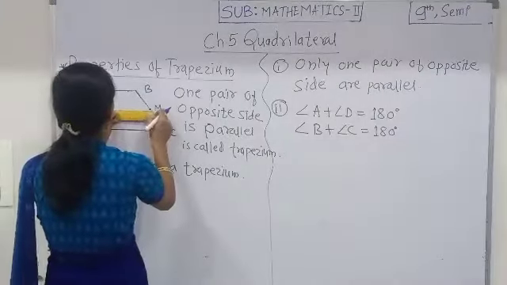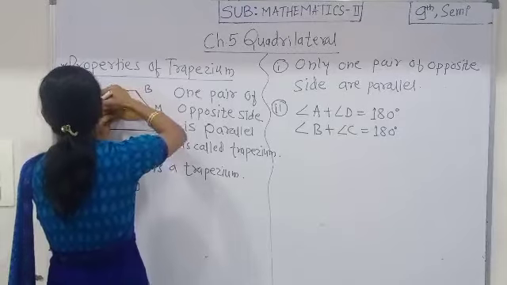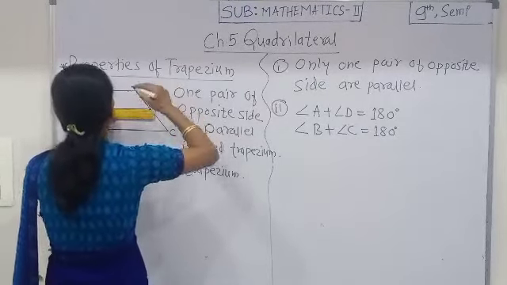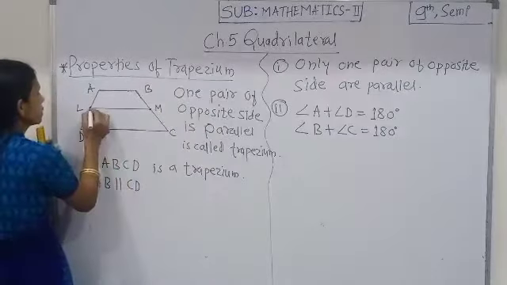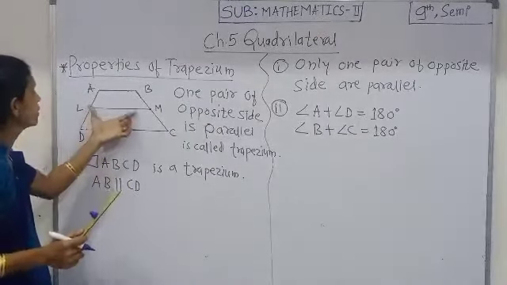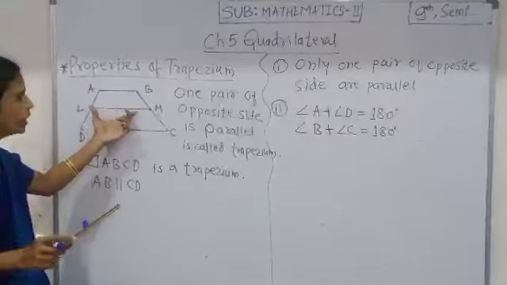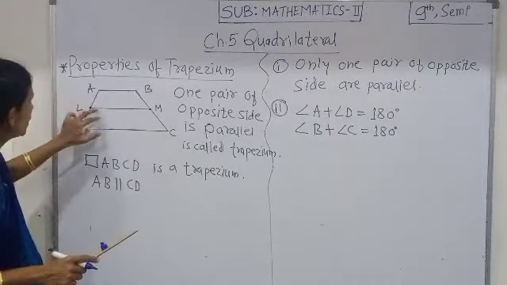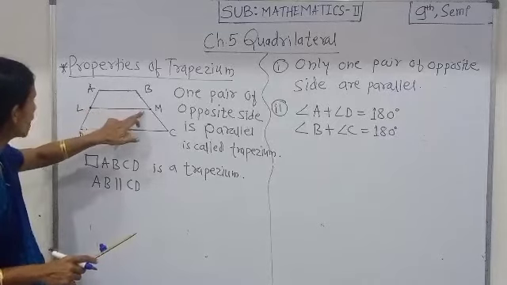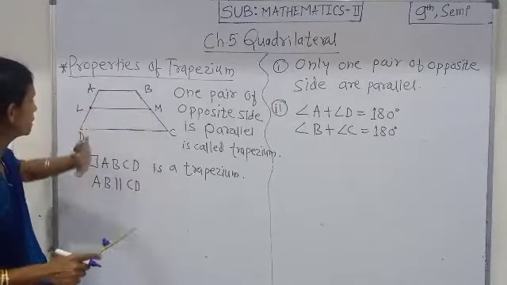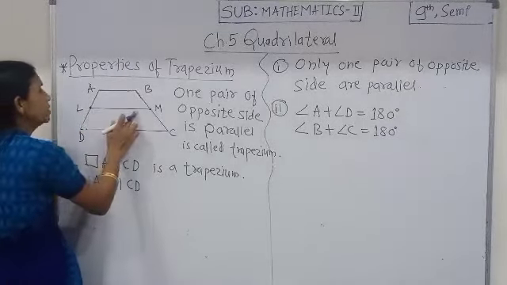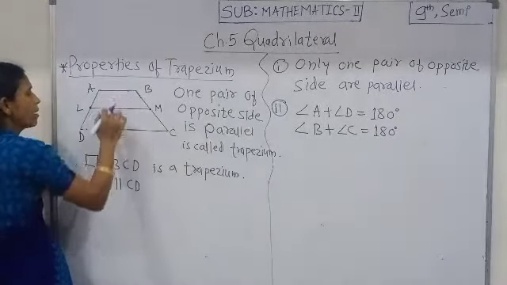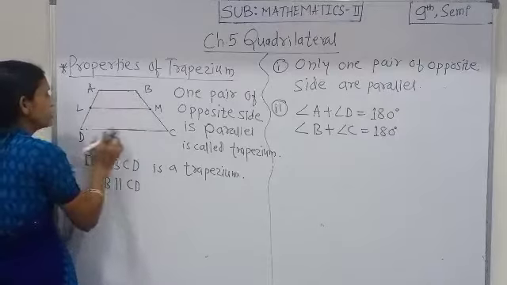If we join the midpoints of the non-parallel sides, then the segment passing through them is also parallel to AB and CD.